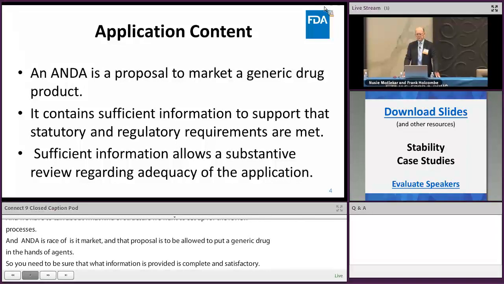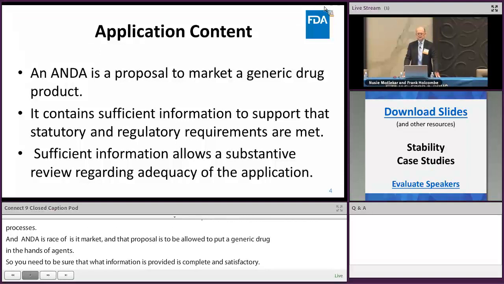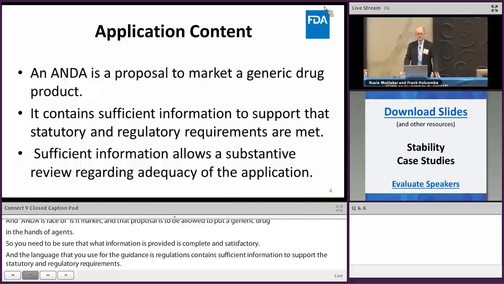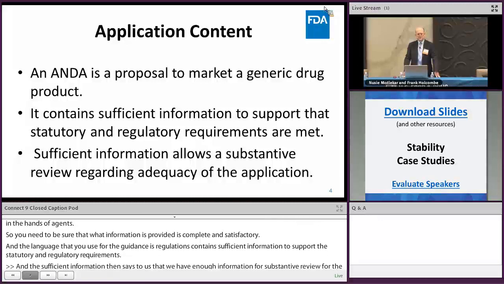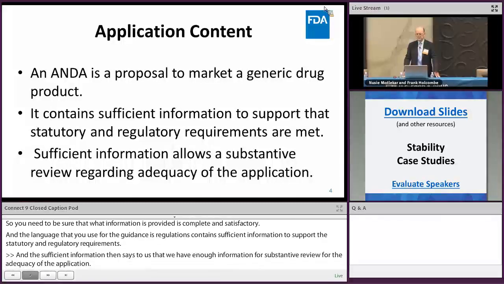And sufficient information then says to us that we have enough information to make a substantive review regarding adequacy of the application. Substantive review, you might call assessment, because the outcome of that assessment is whether or not the product can be marketed, whether or not it gets approved.